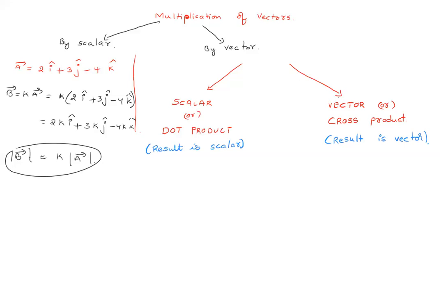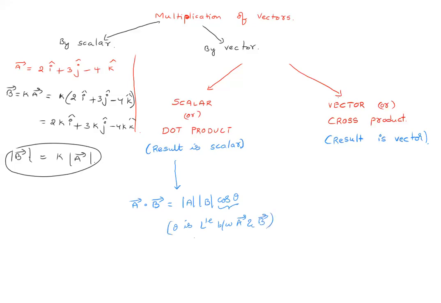In scalar product, how you will represent it: a bar dot b bar is given by mod a mod b cos theta, where theta is angle between a bar and b bar.